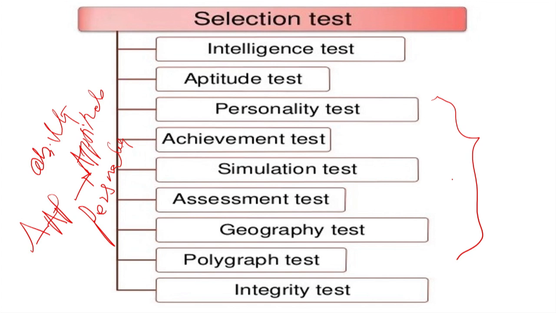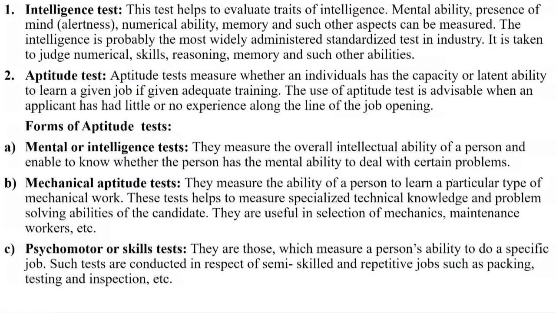So let me proceed with the first one. The first one that you can see on the screen is the intelligence test. When we talk about the intelligence test, it is related with the traits of intelligence, which is related with the mental capacity of an individual.